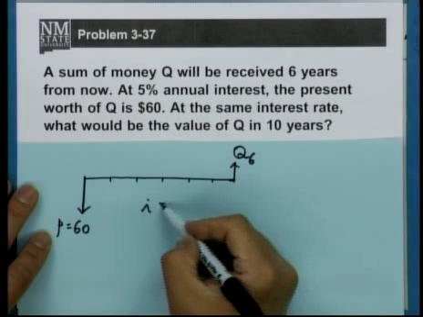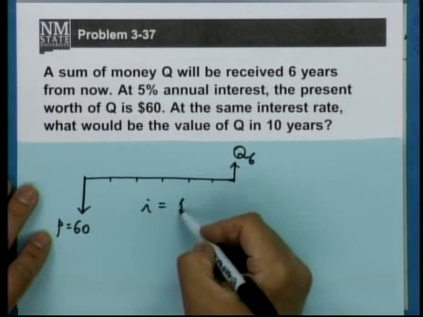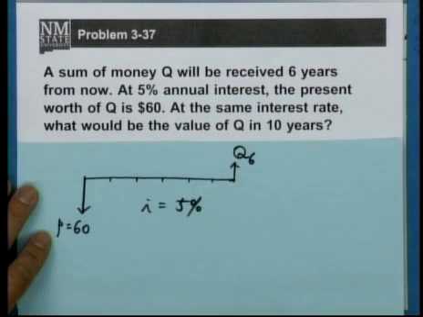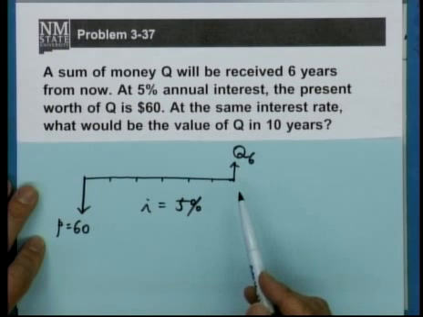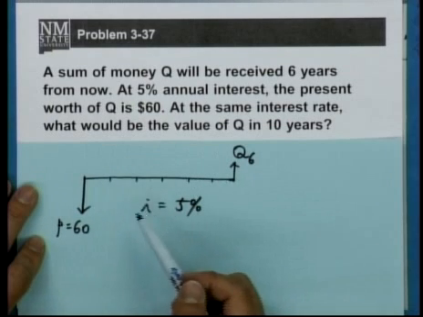And the interest rate is 5% annual interest rate. So the present worth of Q is $60, right? And this money will be received 6 years from now on. And at the same interest rate, what would be the value of Q?